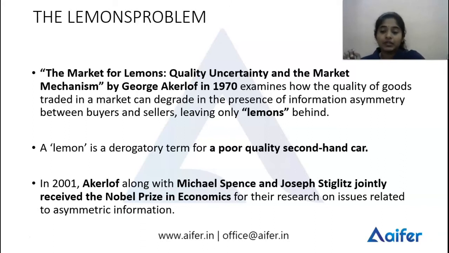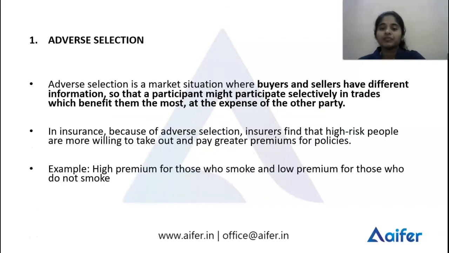As I've already said, in 2001, Akerlof along with Michael Spence and Joseph Stiglitz jointly received the Nobel Prize in economics for their contributions to asymmetric information. So this is all about the lemons problem.